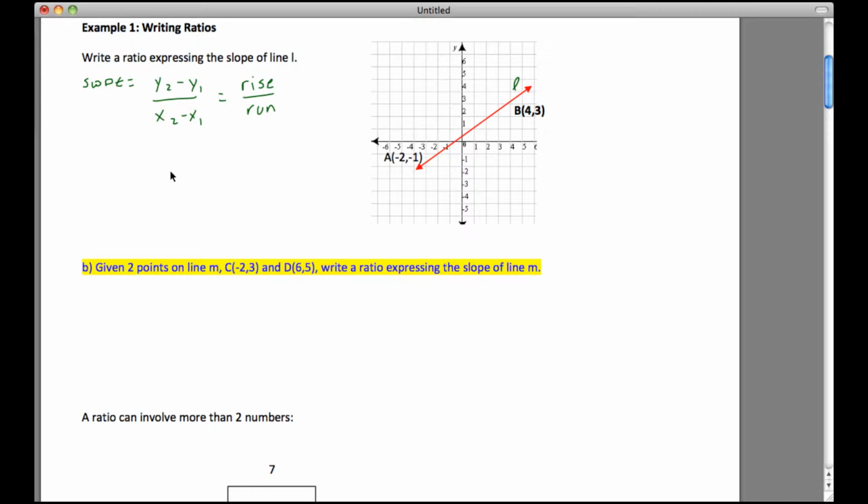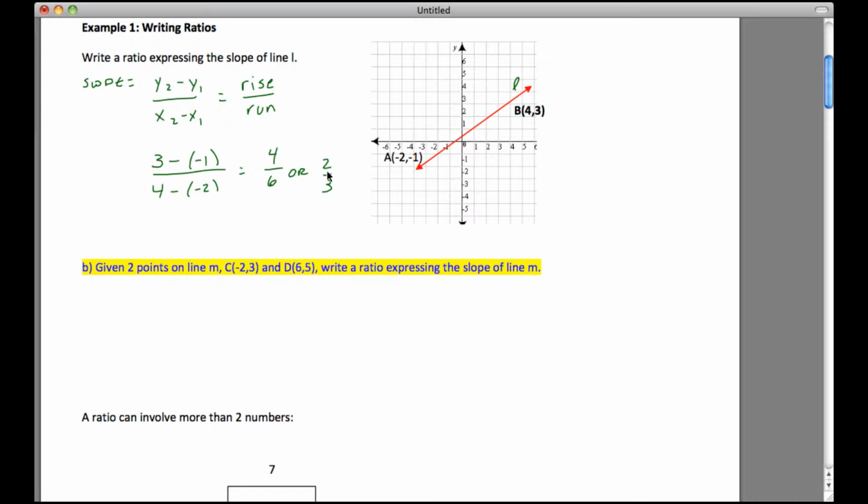Okay, and so when we subtract, we get 3 minus a negative 1 over 4 minus a negative 2, which is equal to 4 over 6, or 2/3. That is a ratio right there. 2 to 3 would be a ratio, or 2 over 3, or 2 colon 3.